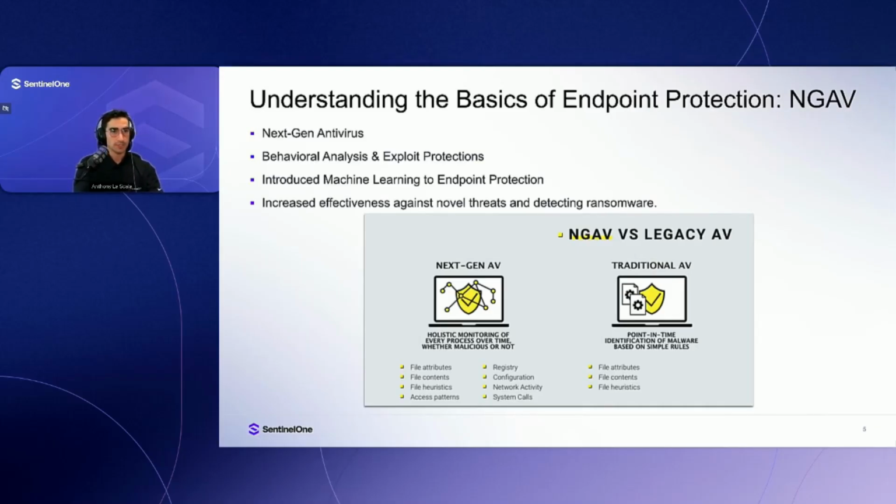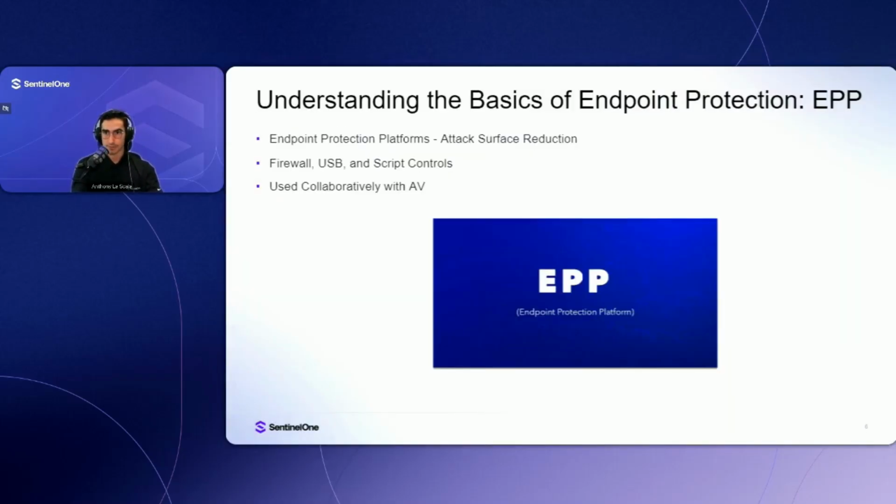And that's when we really saw EPPs come into play. Endpoint protection platforms, or EPP, were really focused on attack surface reduction. So EPPs emerged to address areas not adequately covered by AV and really focused on prevention. While often confused with AV, EPP focuses on preventing attacks by reducing the attack surface and controlling devices.